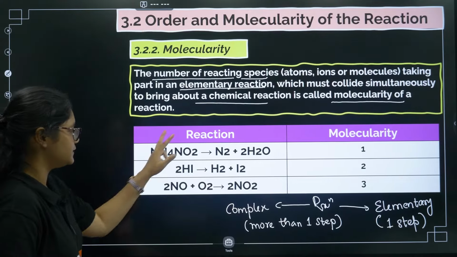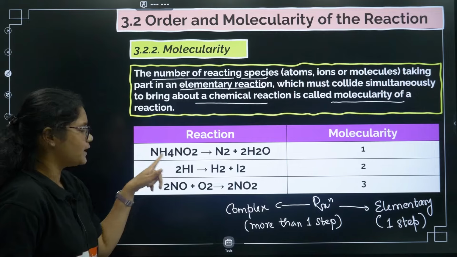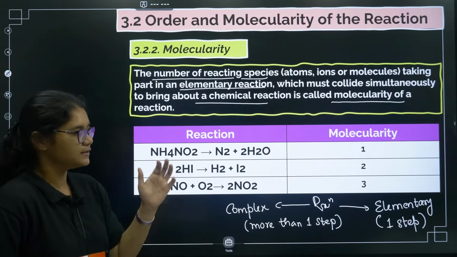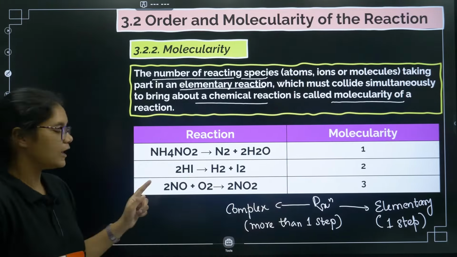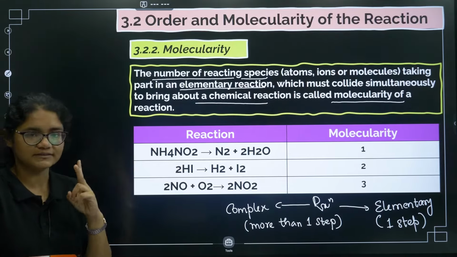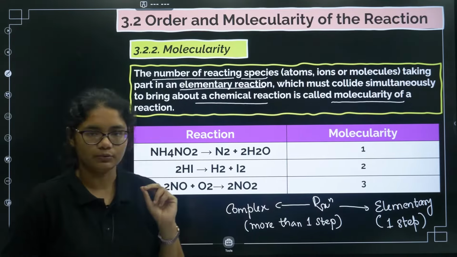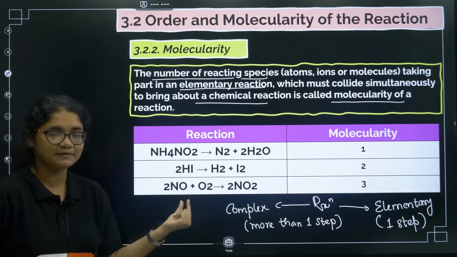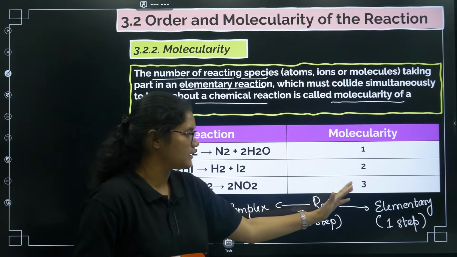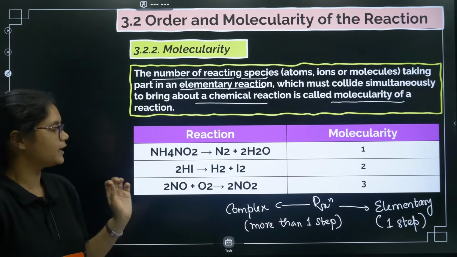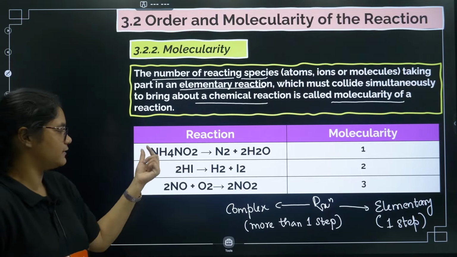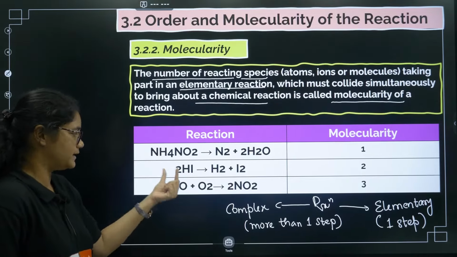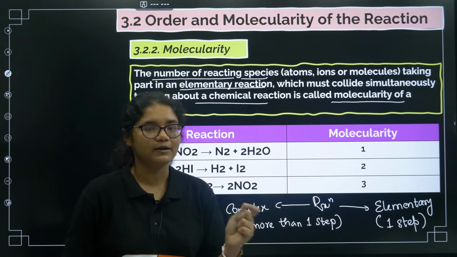Now see, for example, in this particular reaction, there is only one reactant, only one species is reacting, so molecularity is 1. Now here, 2HI gives H2 plus I2, so how many molecules of HI are there? 2 molecules, so the number of reacting species is 2, and molecularity will also be 2. Next, the third reaction, 2NO plus O2, the total number of reacting species is 3, so molecularity will also be 3. So based on the number of reactants, we can tell the molecularity of a reaction.